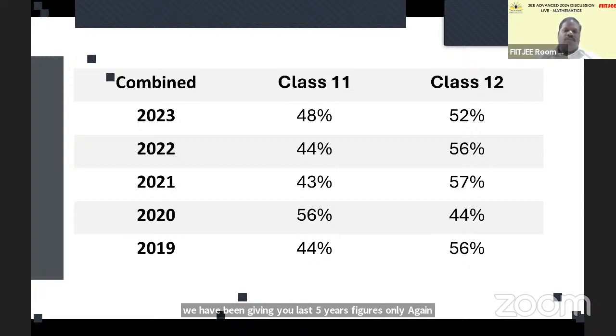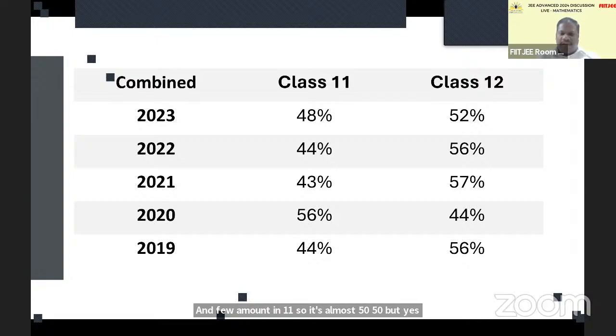As a student, you have to work on these to plan your academic calendar and the topics you are going to work on. This is a combined analysis of all subjects, physics, chemistry and maths, showing the class-wise weightage of questions. If you see, it is almost the same, maybe marginally different, with more weightage in 12th and a little less in 11th. So it's almost 50-50, but marginally higher in 12th comparatively.